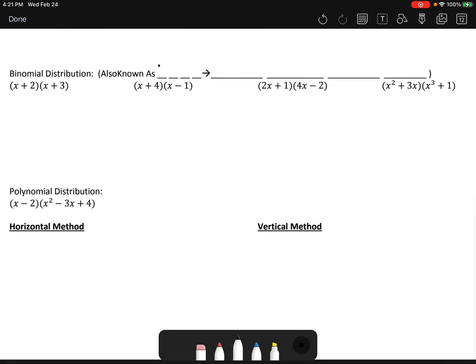We call this pattern FOIL, F-O-I-L, which stands for first, outside, inside, last. First, outside, inside, last, F-O-I-L. And what this tells us is what we multiply.